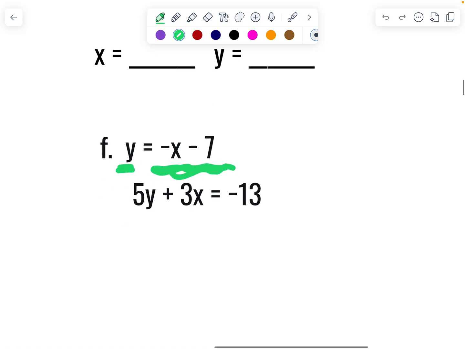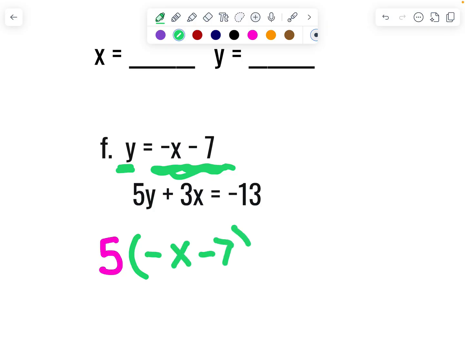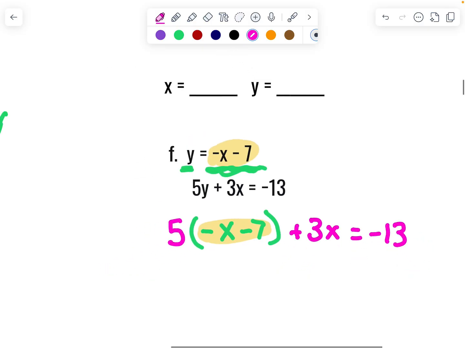So we're going to have 5, but instead of times y, it's going to be times this entire thing. This entire thing is getting replaced. And then the rest of our equation, plus 3x equals negative 13.